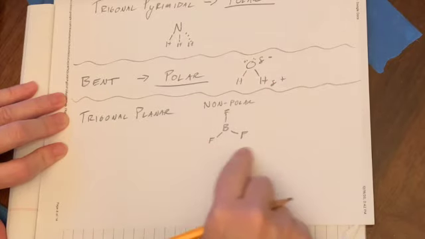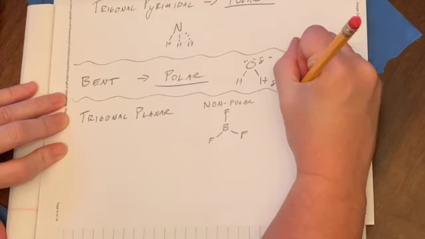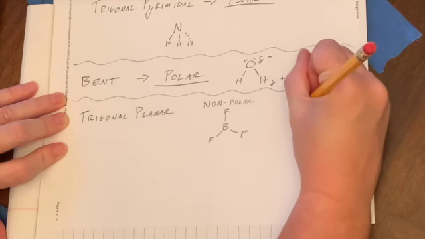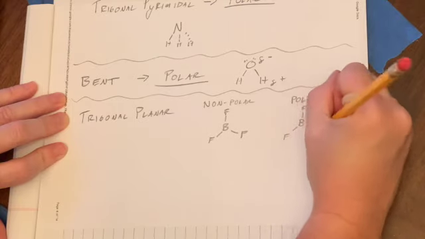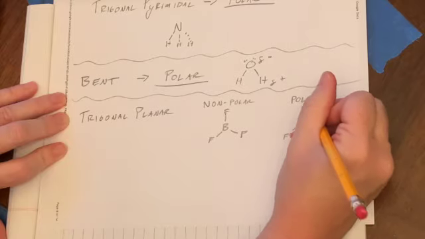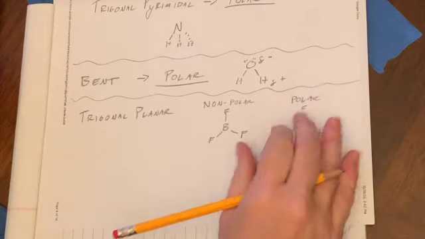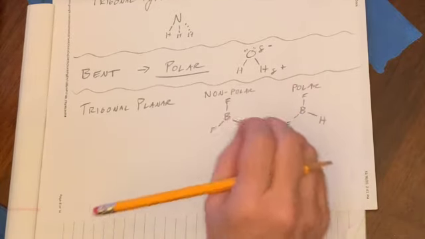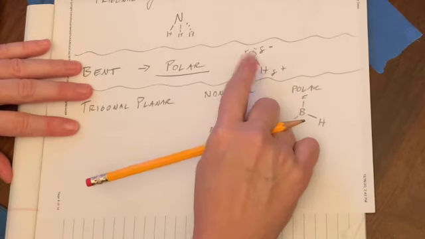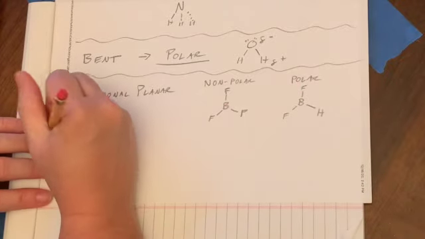Boron's being pulled on evenly in all directions by the same type of atom. If, however, you change one of those out, and now that's a hydrogen there, well, now all of a sudden it's not being pulled evenly. And what happens is this fluorine side becomes your partial negative side. Now, don't worry, you're not going to have to tell me which side is partially positive and which side's partially negative unless it's water. You do need to know that one. But you do need to tell me whether it's polar or nonpolar.